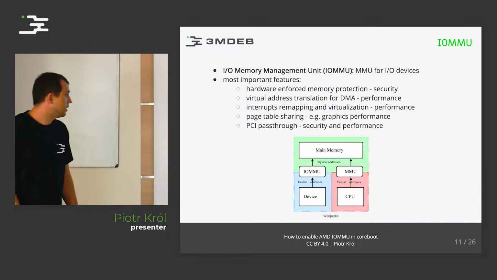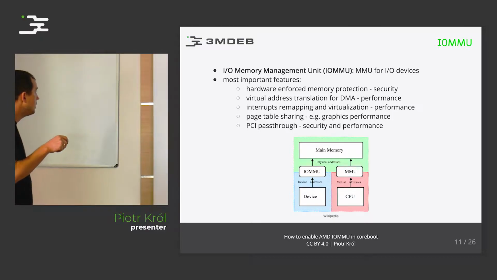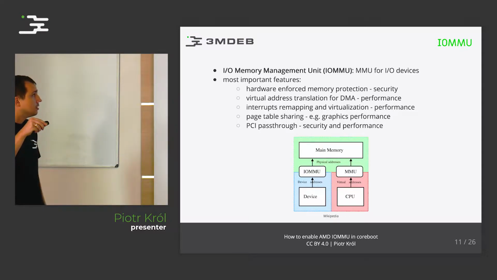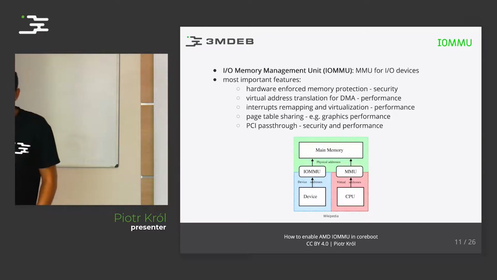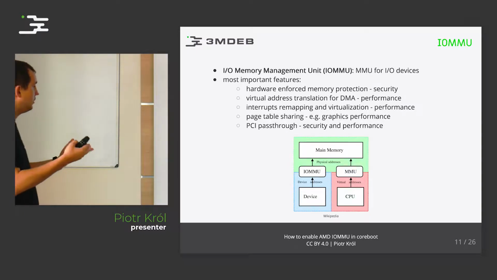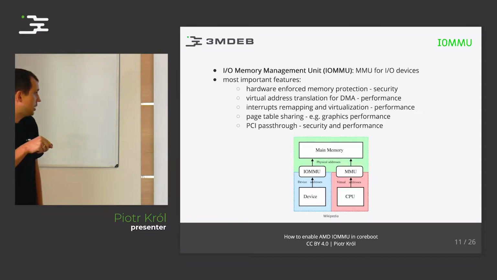Okay, now finally we can talk a little bit about the IOMMU. The IOMMU is just a memory management unit, but not for the CPU and its operation, but for devices. This picture from Wikipedia explains everything.